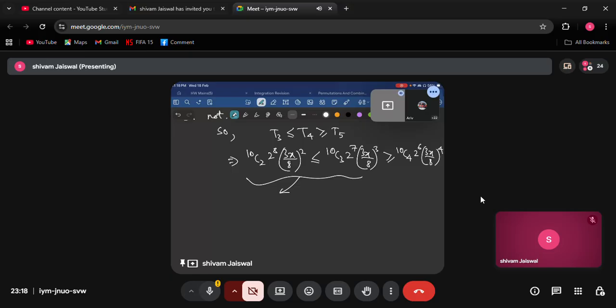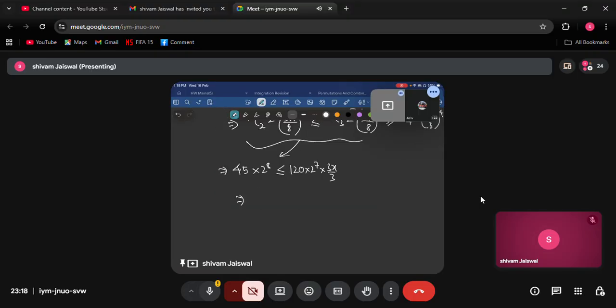So 10C2 is 10 into 9 by 2, 45. 45 into 2 to the power 8 is less than or equal to 10C3, which is 120, into 2 to the power 7 into 3x by 8. Actually, you have to use mod.